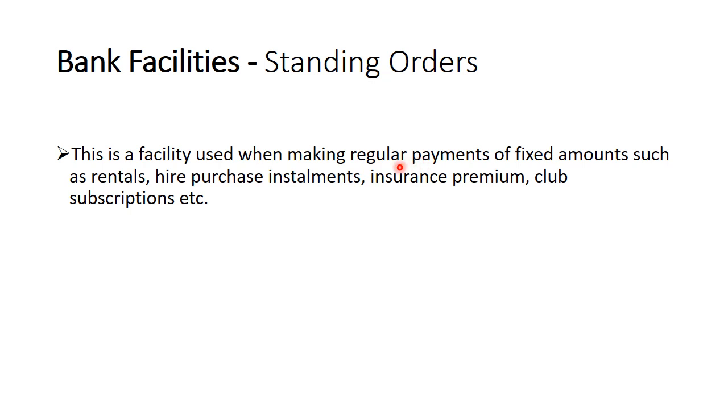That's what it means by regular payments, which means every interval you have to be paying a fixed amount. So maybe you pay 10 kwacha every month, and then you can use a standing order.